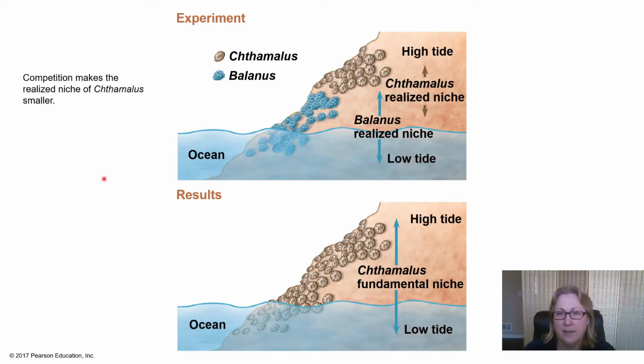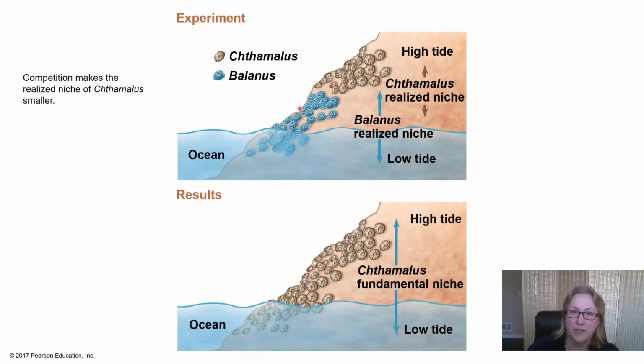And the ecologist who was studying them wanted to find out if the fundamental niche and the realized niche were the same. Because what he noticed was that if Balanus was not present, the Chthamalus species would occupy a larger area.